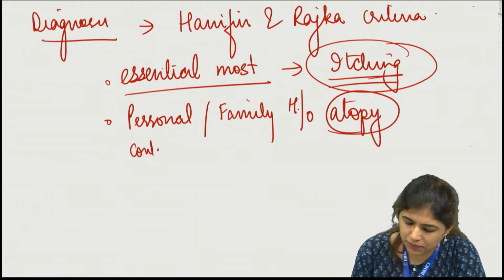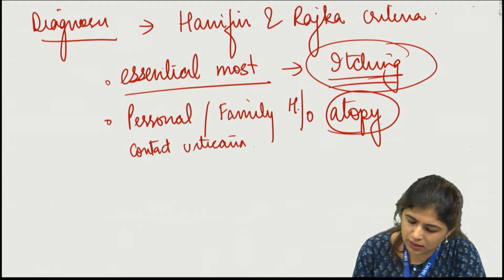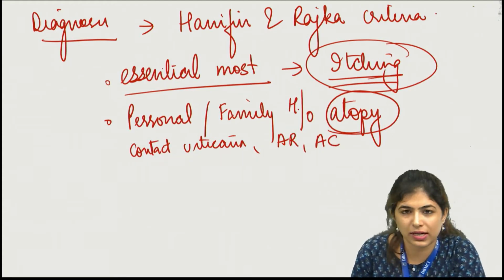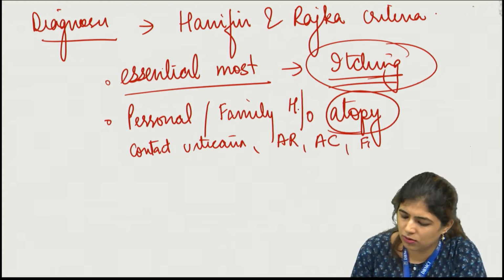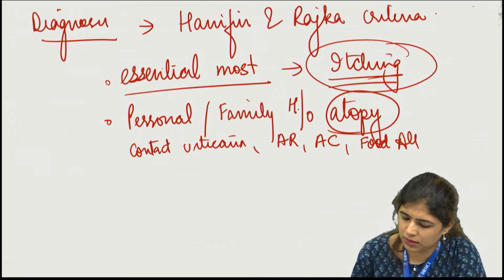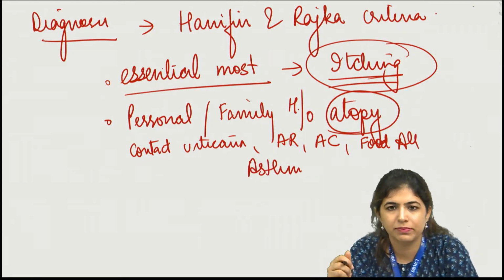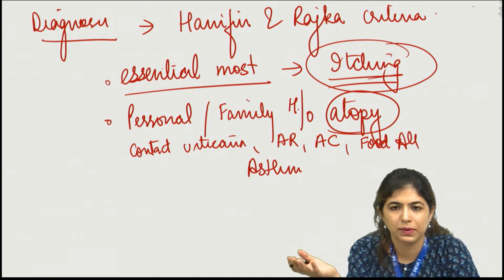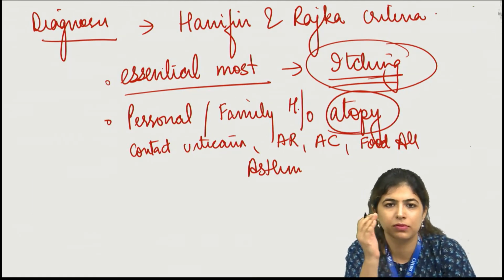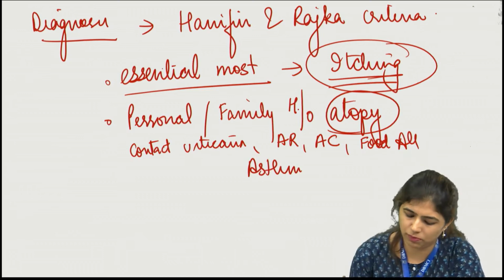This could be urticaria, allergic rhinitis, allergic conjunctivitis, food allergy, asthma, either in the patient or the mother, father or sibling. So it could be a personal history or family history of atopy.